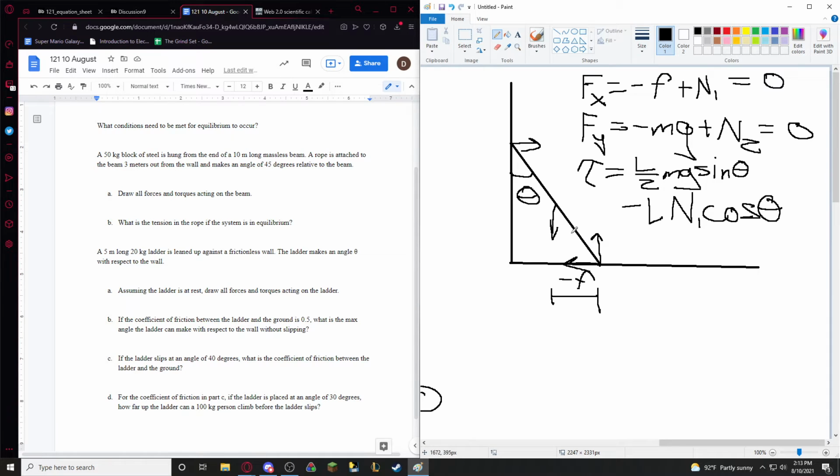That would be L over 2 times the sine of theta, or L sine theta over 2, because sine theta would be this length along here, and it would just be half of it. For this case, we want the height between the pivot point and the horizontal force, which would be L cosine theta. And we know that total torque has to equal 0.